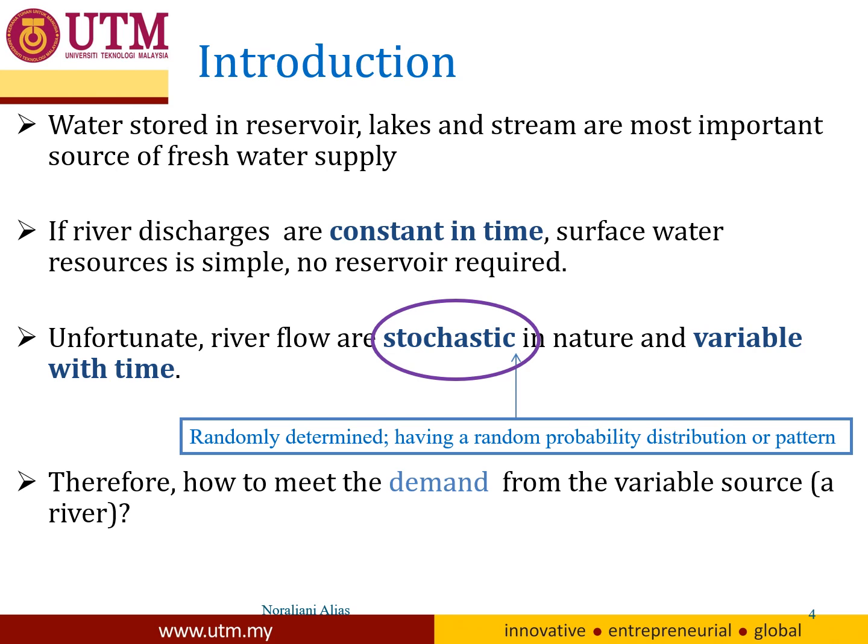But unfortunately, river flows are stochastic in nature. Stochastic means it has a random probability distribution pattern, or we can say that it changes over time. Here, change over time means variable with time. Therefore, how do we meet the demand from a variable source, a river?